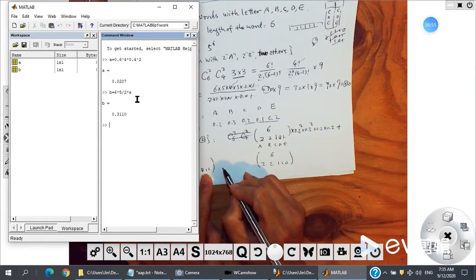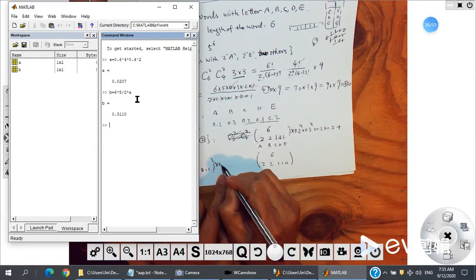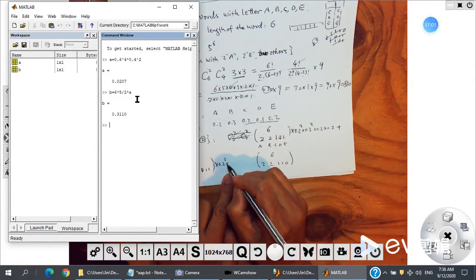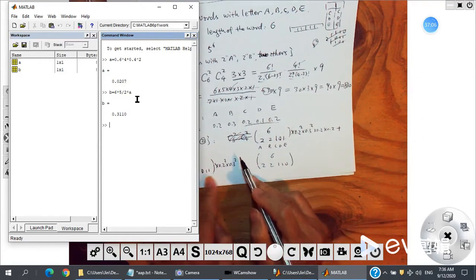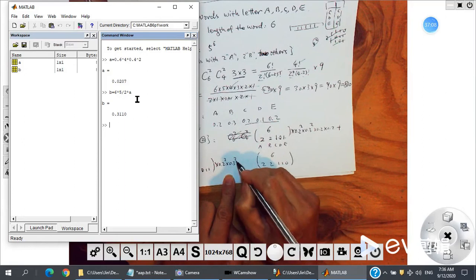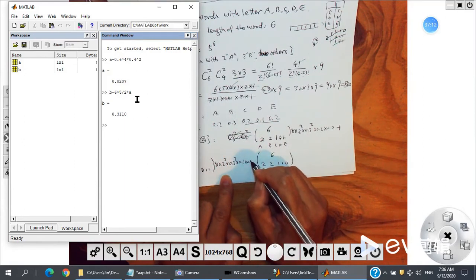Second term: A and B are the same, but I have no C, then 1 D, 1 E, and E is 0.2.